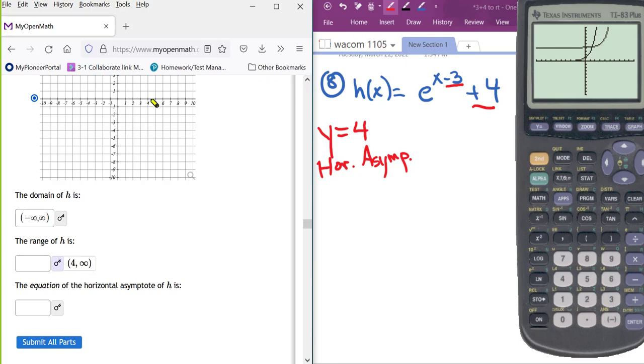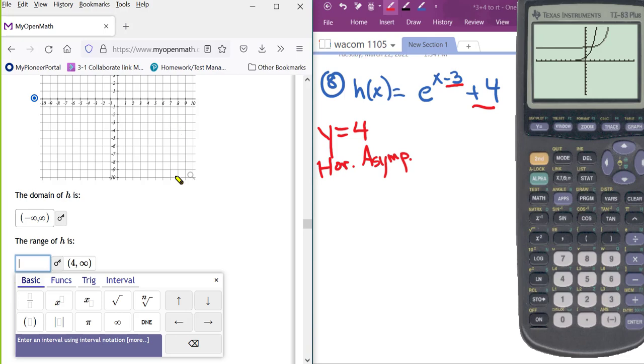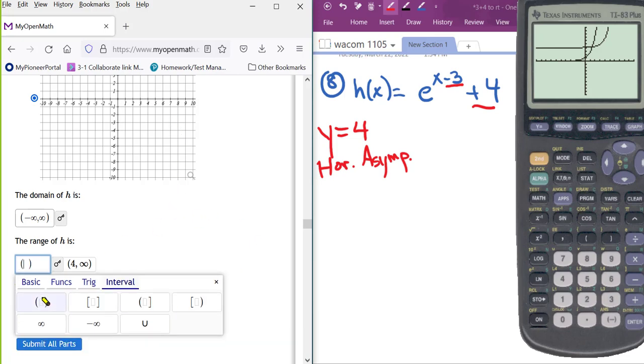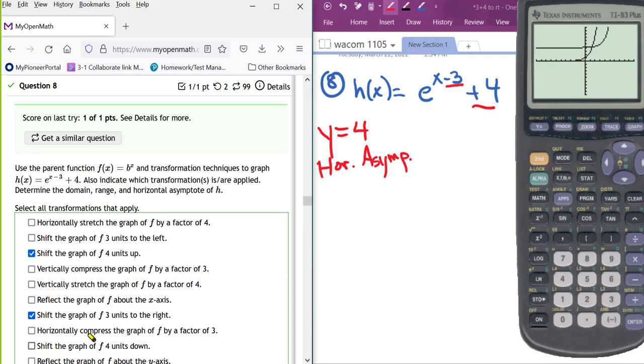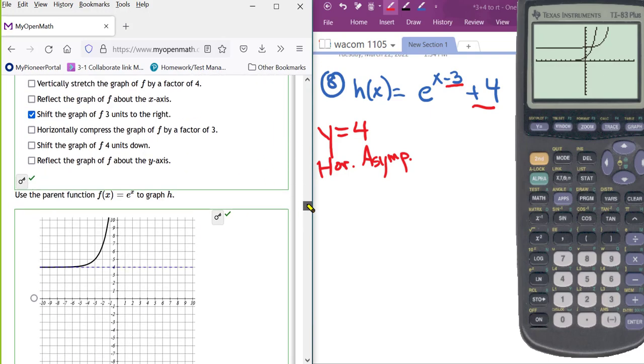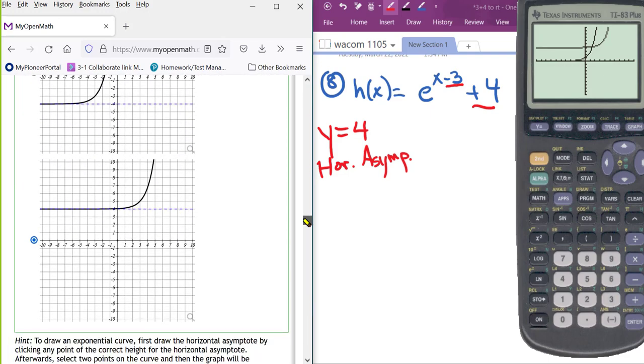And for the equation of the asymptote, y equals 4. That should be everything, and that says we picked the correct graph.